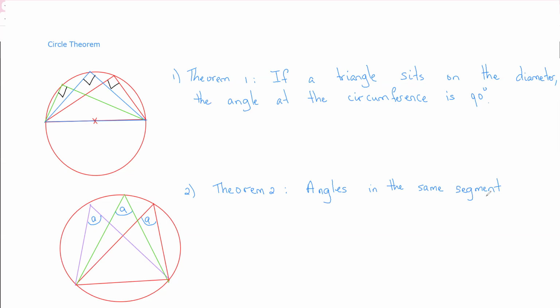So angles in the same segment of a circle, or in other words, you can say that they are sitting on the same chord, right? So this is the chord they're sitting on, all of them sitting on the same chord.